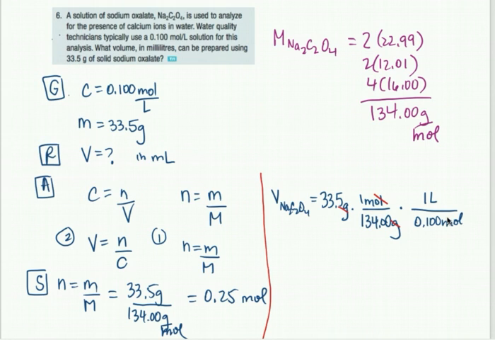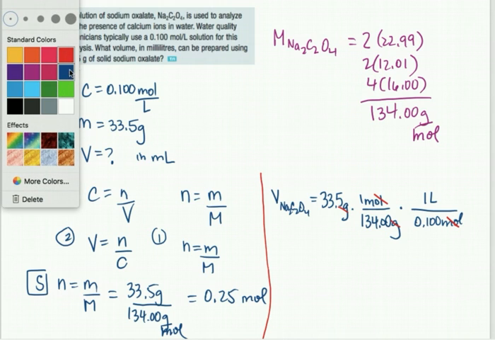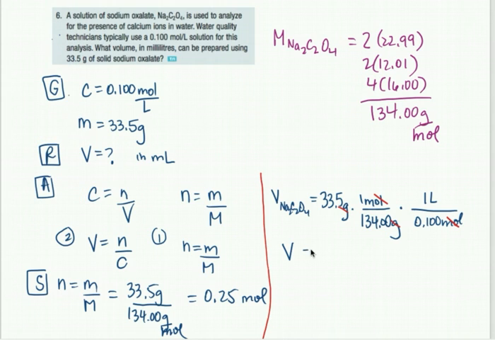Okay, so moles is gone, and we're going to divide 33.5 divided by the 134.1 at the bottom to get to 2.5. Okay, and again, convert it to milliliters, and then if you needed to get it down to 3 digits, convert it to scientific notation. All right, and then write your therefore statement.